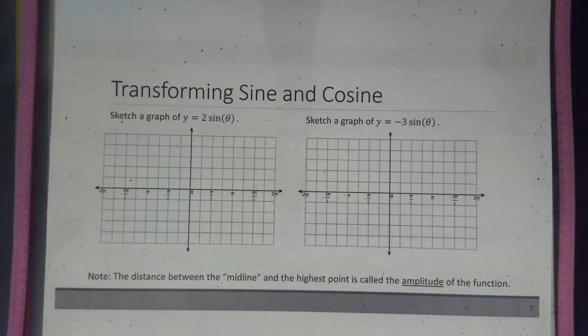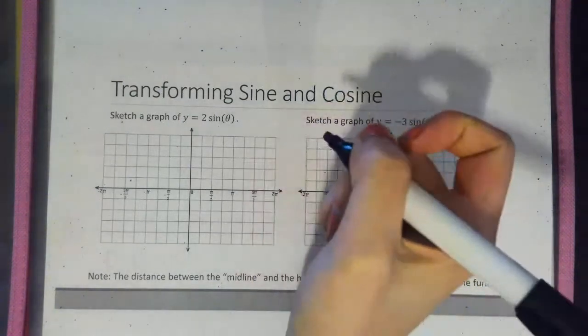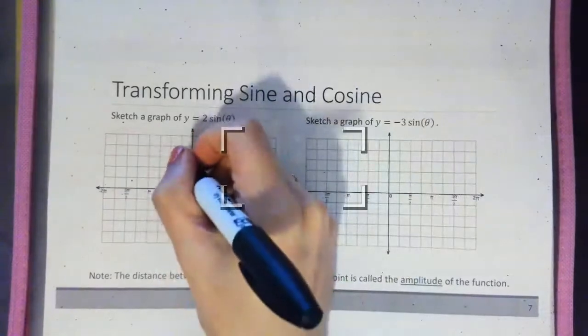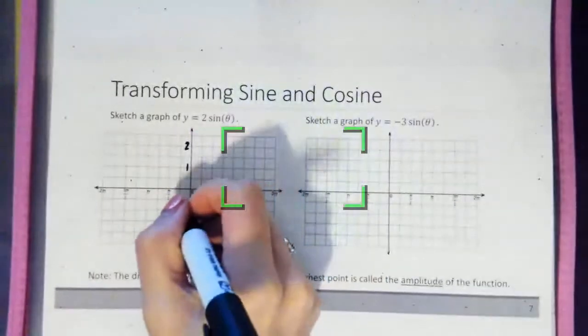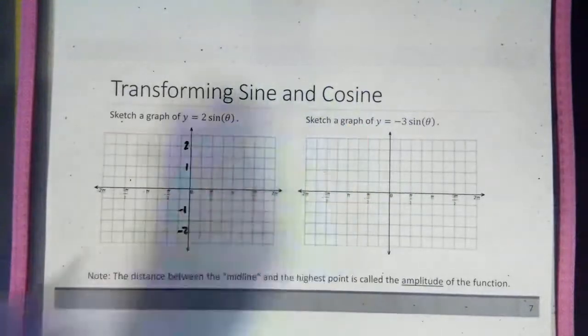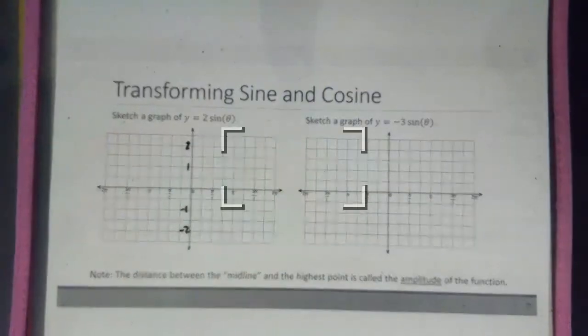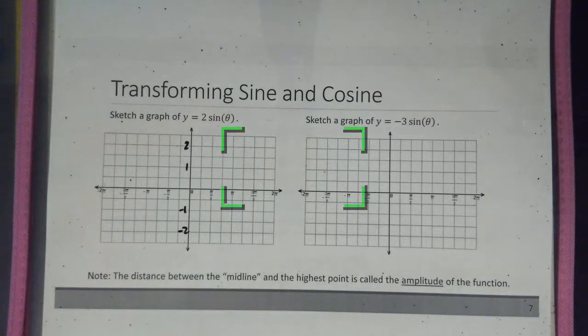Next up, we're going to look at transforming sine and cosine. So we're going to start by sketching a graph of y equals 2 times the sine of theta. So I have some grids here. I didn't label the y-axis, it doesn't look like. So I will let it go up to, we'll say each little line is a half. We have 1, 2, -1, -2. I'm going to start by graphing just normal sine.